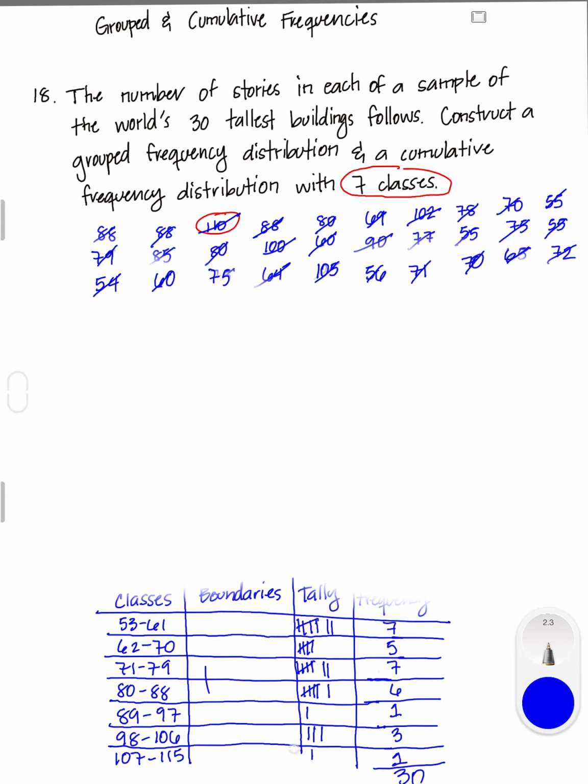Okay, cool. And then this should say frequency. Okay. So that we already have our grouped distribution. Not the prettiest one, but there it is.